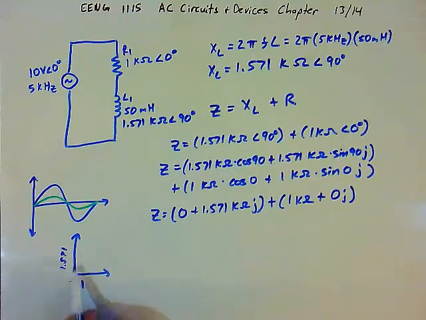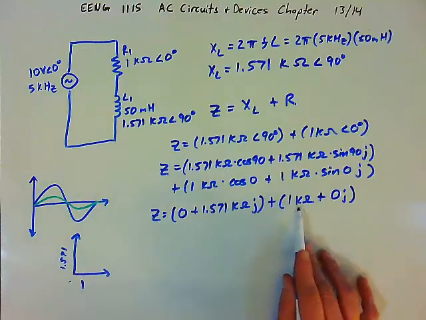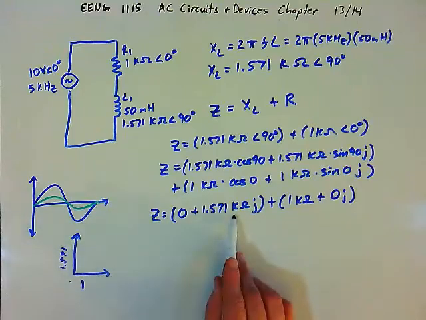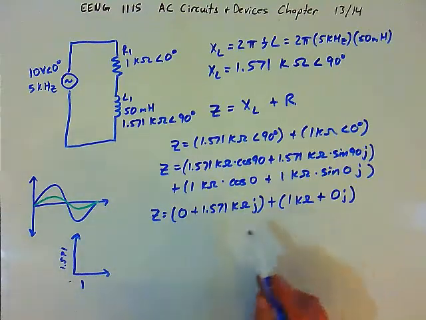The y component of this vector is 1.571 because it's all straight up and there's no x component. And so when we have vectors at 0 and 90 degrees, the vector that is at 0 degrees is all in the x. The vector that is at 90 degrees is all in the y. Okay, and so with a little bit of practice you'll get more familiar with that. It'll be a lot easier.